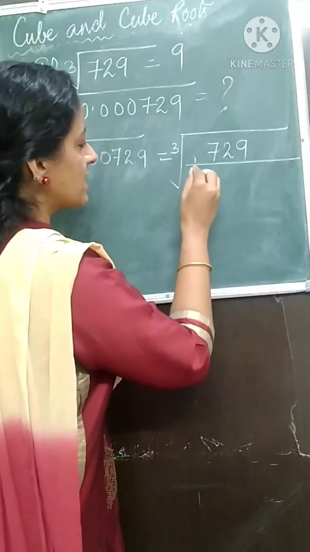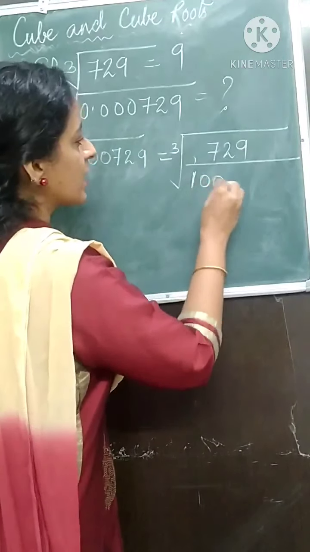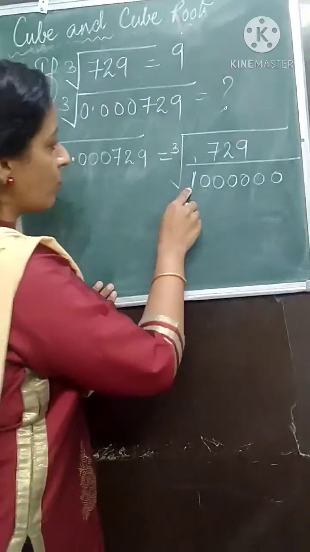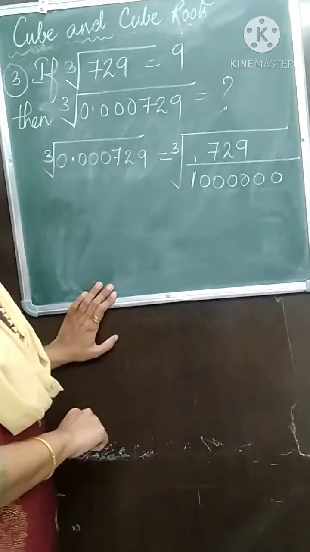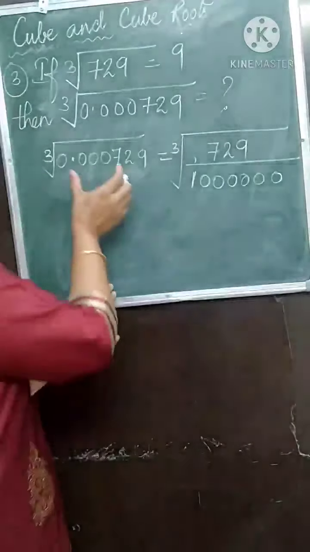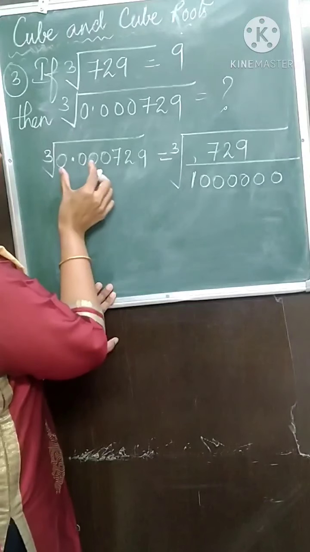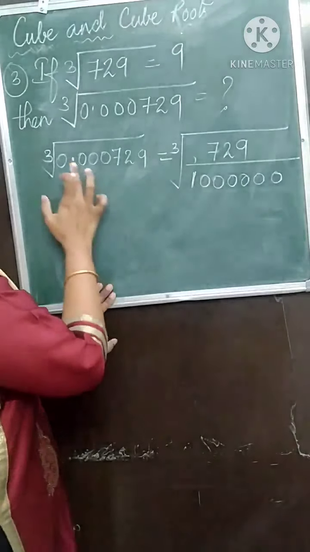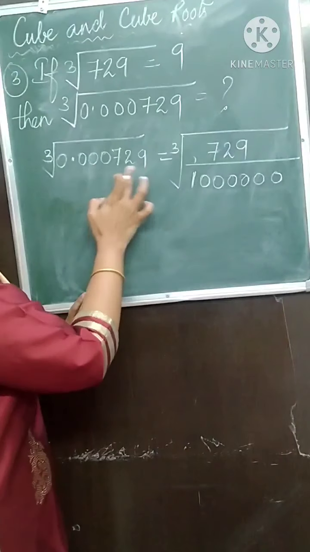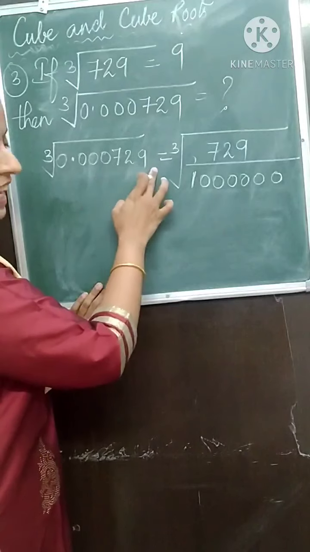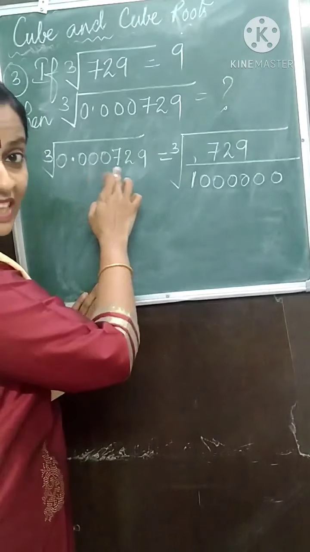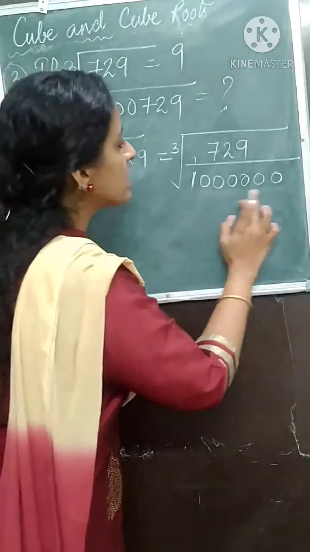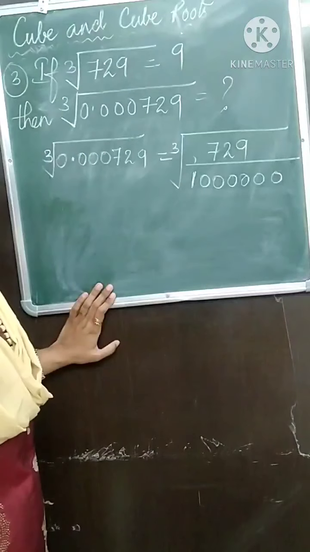So I will write 1 and 6 zeros. After 1, 6 zeros. This number you will write without the zeros, that is 729, upon 1 followed by as many zeros as there are decimal digits, 6 zeros.